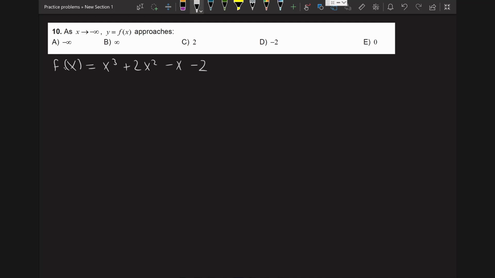One way you can do it, the first way, is you can sub in a really, really large number that would resemble negative infinity. For example, negative 10,000.